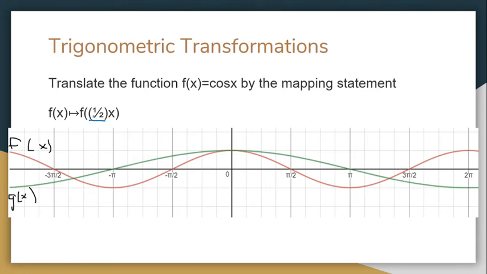So when this number inside is less than 1, our graph is going to be stretched out more horizontally. Whereas when it is a number greater than 1, these curves would become closer together. We wouldn't have this much distance between one bottom and the next bottom. They'd be a little bit closer depending upon what that number is.